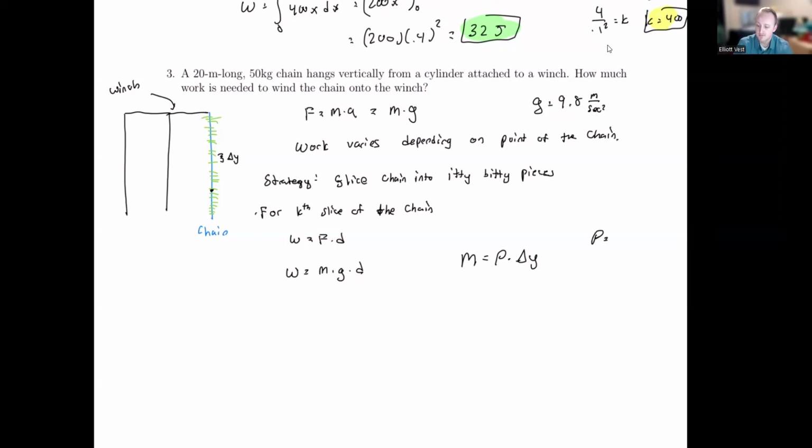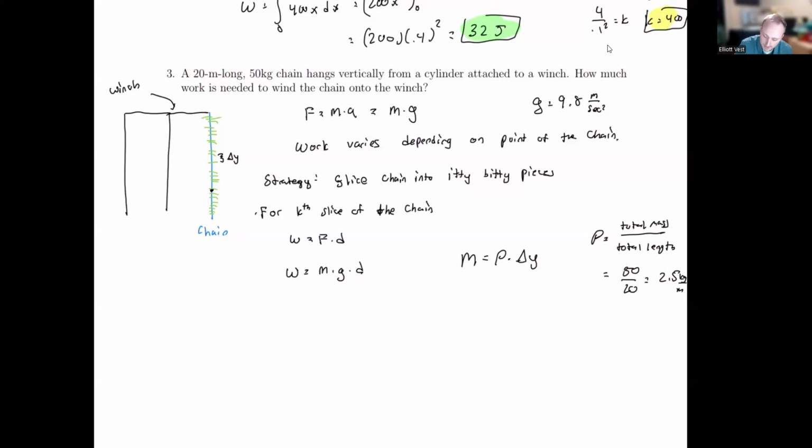And since density in general is total mass over total length, because it's a uniform chain, the density should be the same throughout. This is equal to the total mass, 50, over the chain length, 20 meters. So 50 over 20, or 2.5 kilograms per meter. That's the density we're working with here.